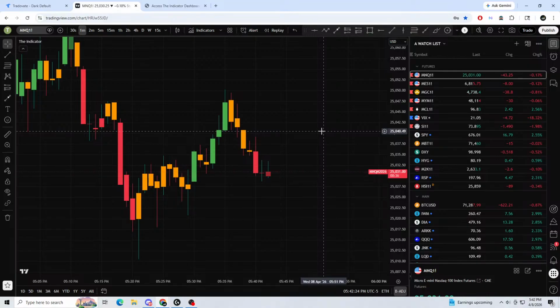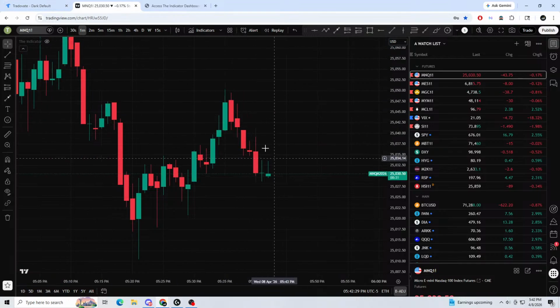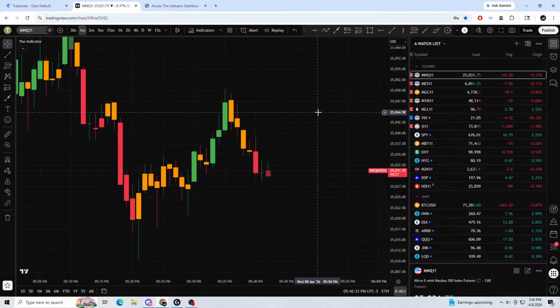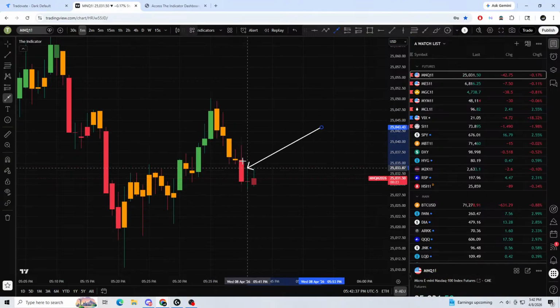And then remember, the output of these candles are not related to regular price action. These candles tell you one thing: what momentum is doing.